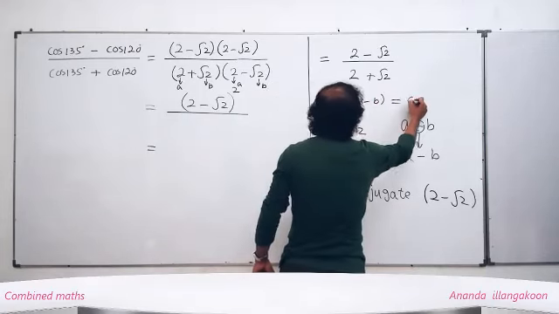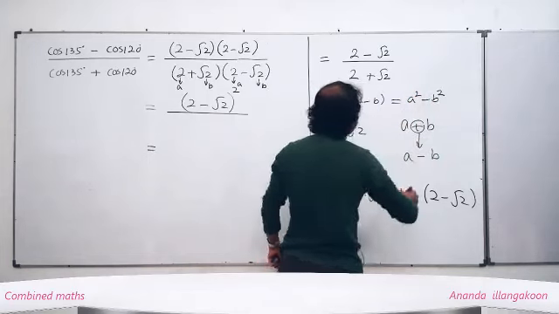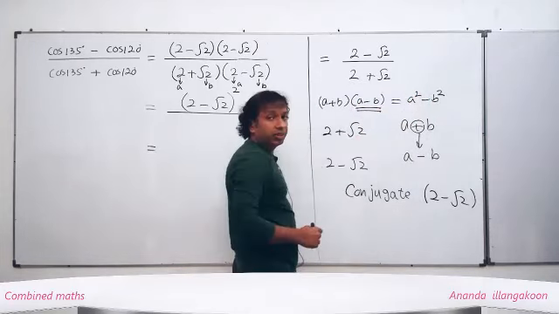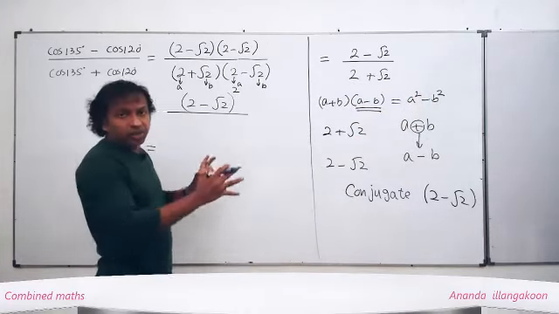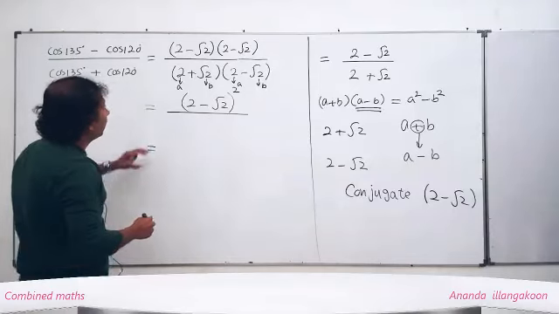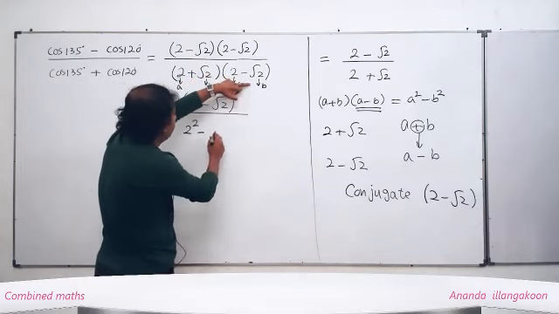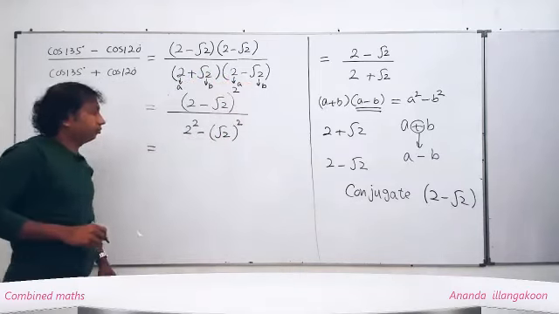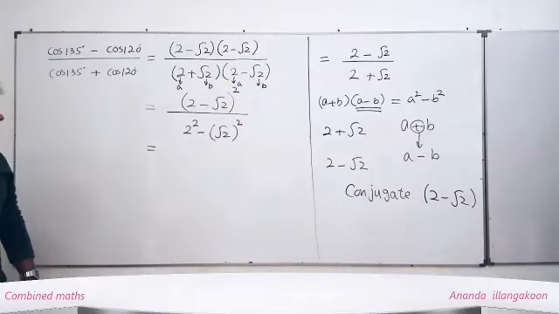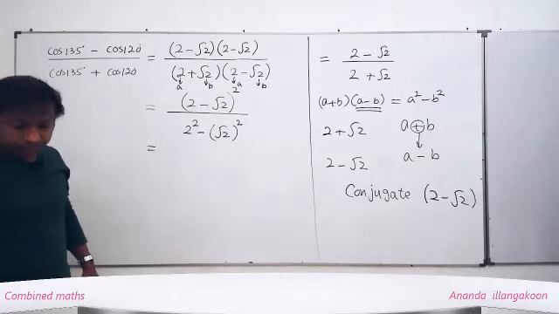This is nothing but a squared minus b squared. Then what do you get? 2 squared minus root 2 squared. This is what we get.